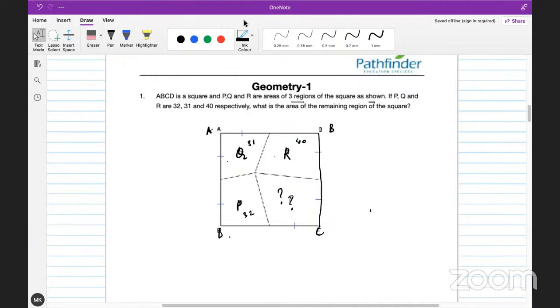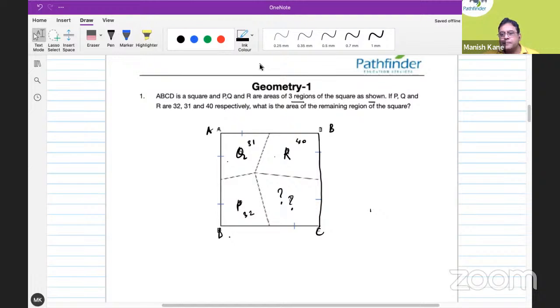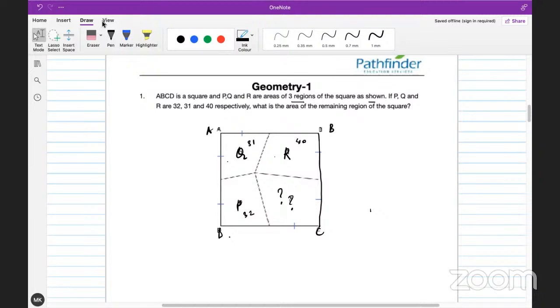Okay, anybody who's got the answer? Anushka says 52. I don't think that is correct. No, Anushka. You have a last 1 minute. Anybody else who's got the answer?